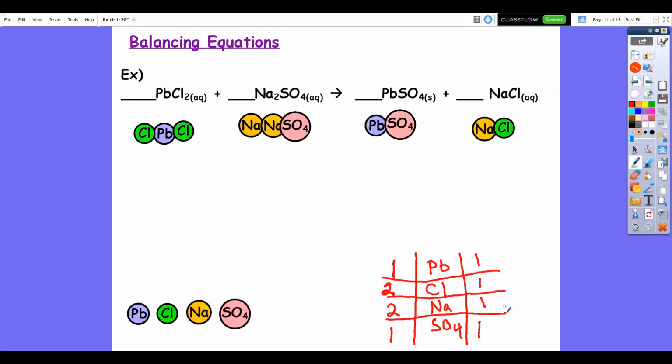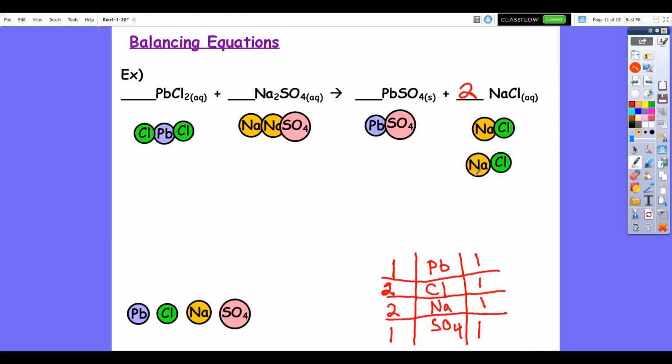So I can start with either chloride or sodium. I'm going to choose the chloride because I saw it first. So over here on my product side, this is where I find my chloride. So I only have 1, so let's add another molecule. If I add another NaCl, that changes my coefficient to a 2.